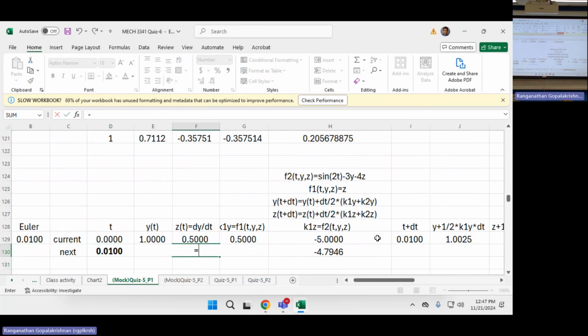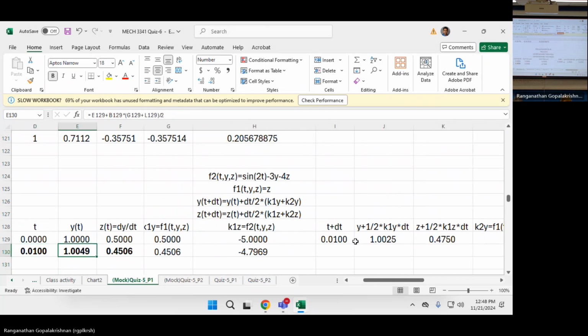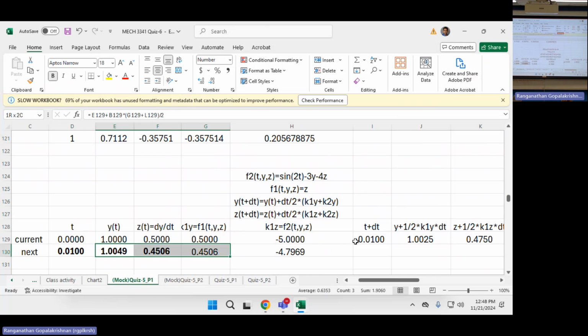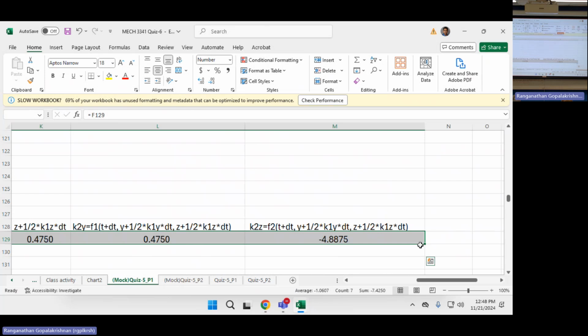And then what is z? Current value plus dt multiplied by k1z, which is here, plus k2z, which is over here, divided by 2. That's it. Now you have your y and z at the next time step. If you have done the previous step correctly, the rest of it is just a matter of dragging this down.